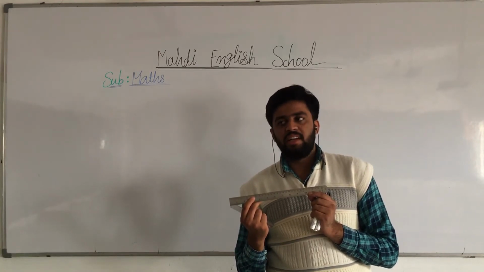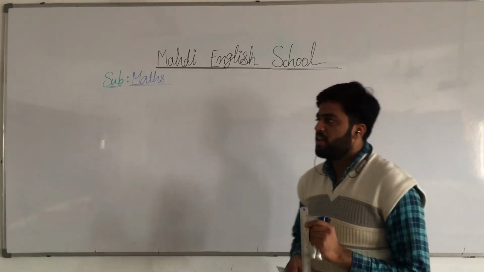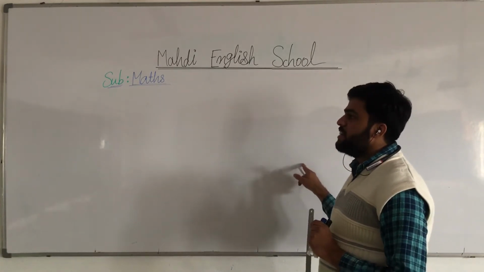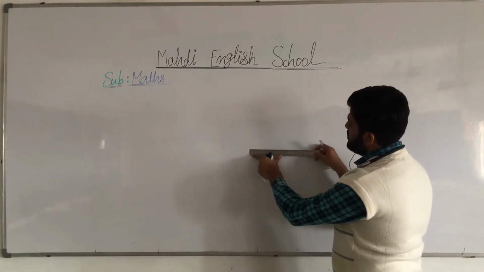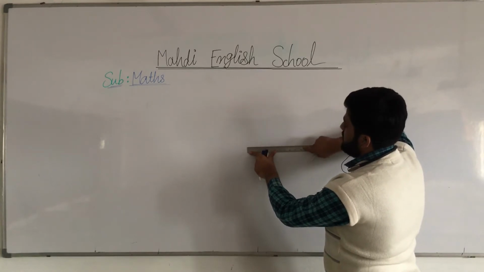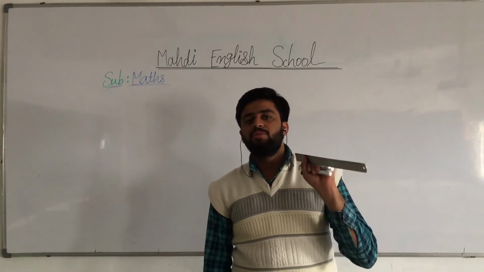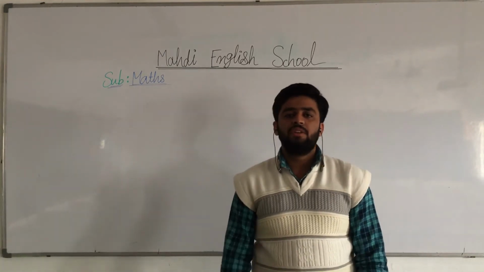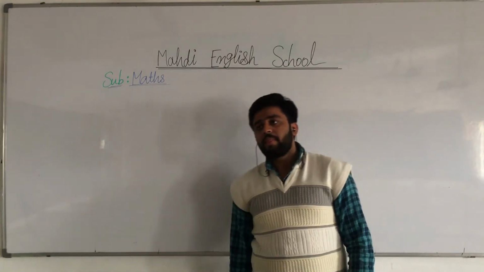We have to write here 10 centimeter, and then we put the scale here and draw the 10 centimeter. As in that, we use the scale, and we have so many other uses, but here we are discussing only one use.